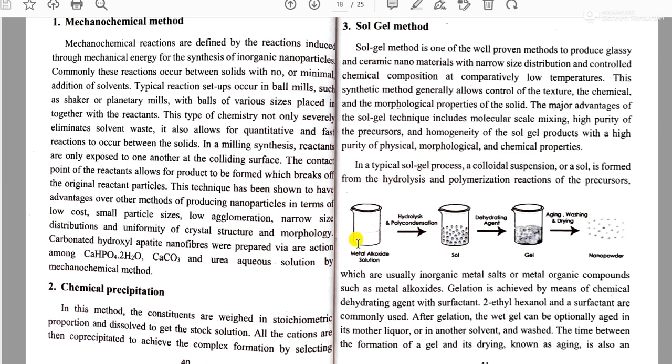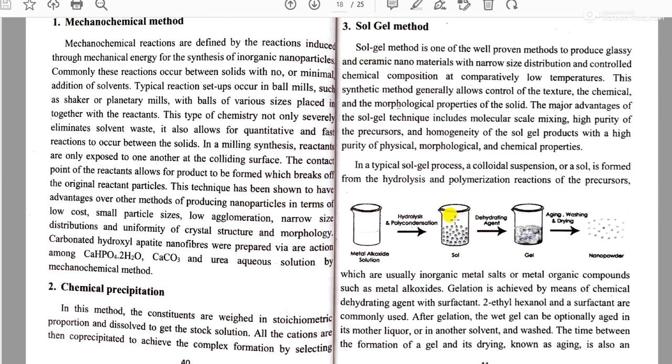For that, the first step is hydrolysis and polycondensation. You have to do the hydrolysis reaction, and then undergo the polycondensation process. Condensation means the loss of smaller molecules like water molecules. After these two steps, you will get a sol in the second beaker.